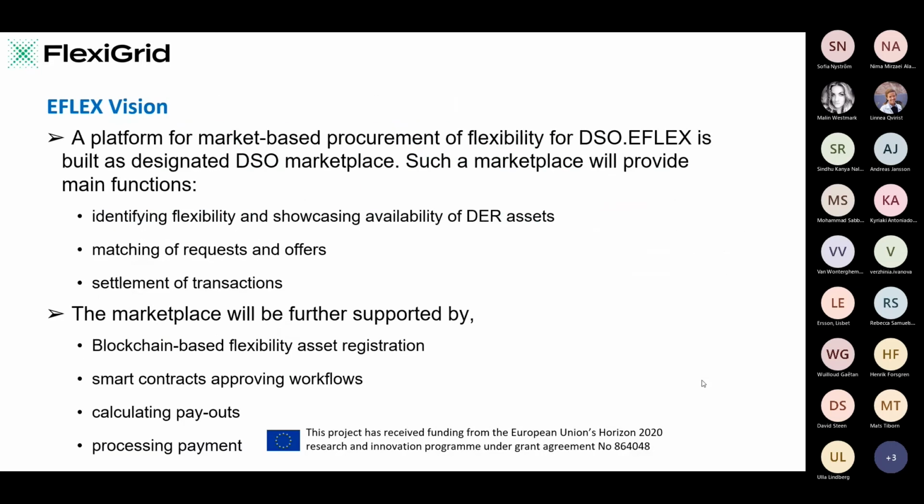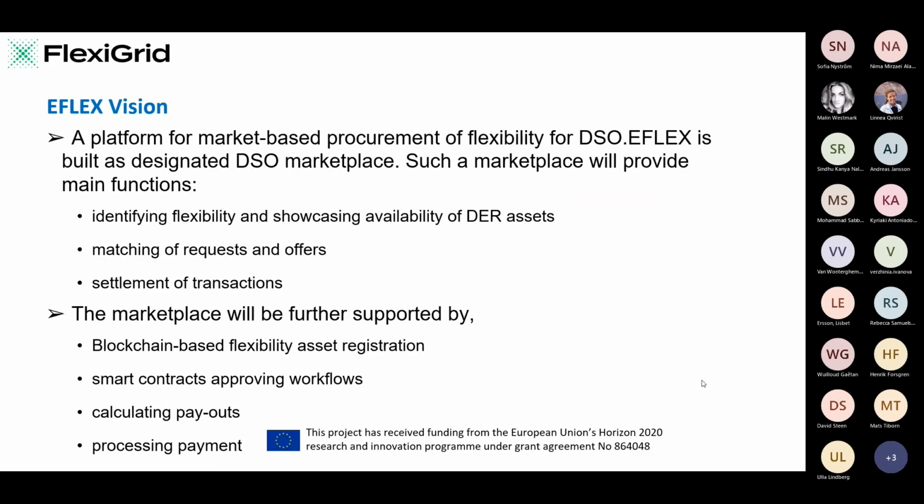Of course, our vision is to have a platform, FlexiGrid, designed as a DSO marketplace with different functions, like mentioned already before by Nima. So identify the location, flexibility, showcase availability of the DSR assets, distributed energy resources.